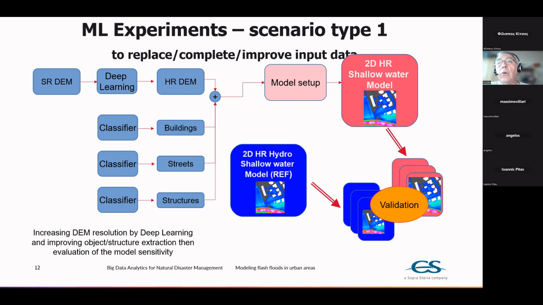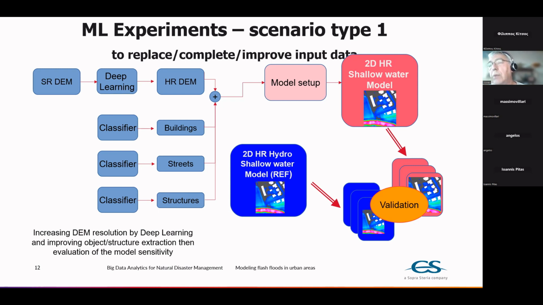And even if you go, for example, in Africa, there is a very large city, think about Nigeria, where we have basically almost no data as input. But there is a terrible flood event with hundreds of people killed. If we were able to set up a model which will accept low quality input, it will be a good progress because we will be able to apply it in many places.